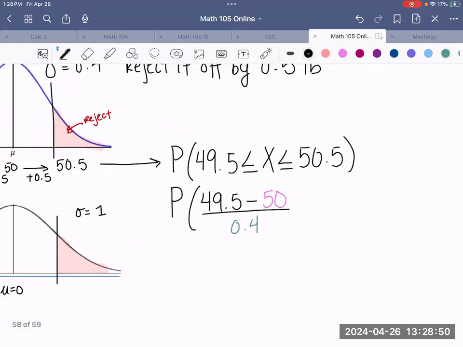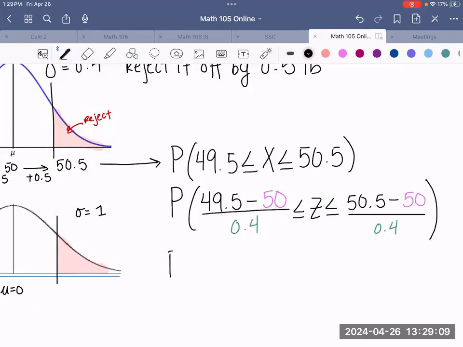We do this again to the other side: 50.5 minus your mean divided by your standard deviation. We place that into your calculator, and we get negative 1.25 is less than or equal to z, which is less than or equal to 1.25. And it's okay that these are the same value, because on either side they were off by the same margin.